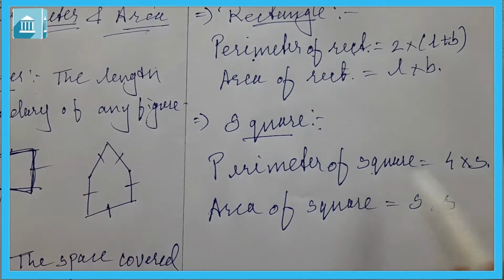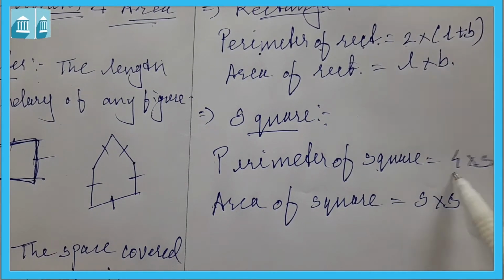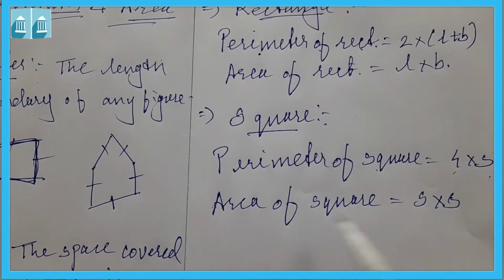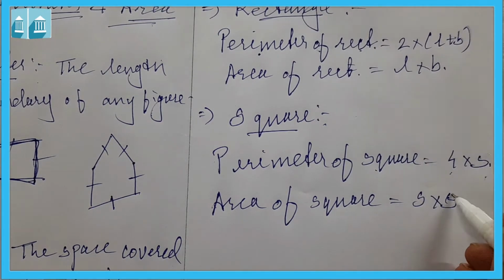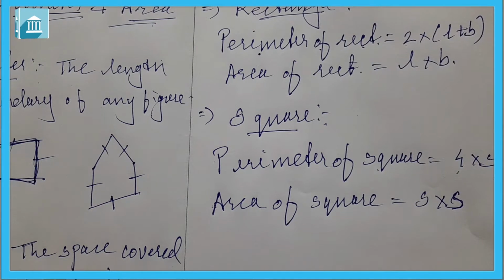Here in a square all the sides are the same, so perimeter of square is 4 into S and area of square is S into S, where S is the side of the square.